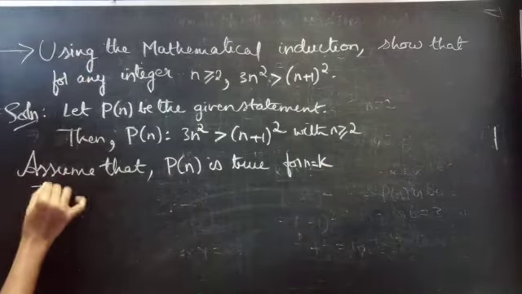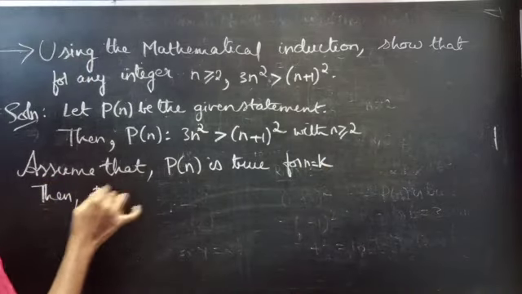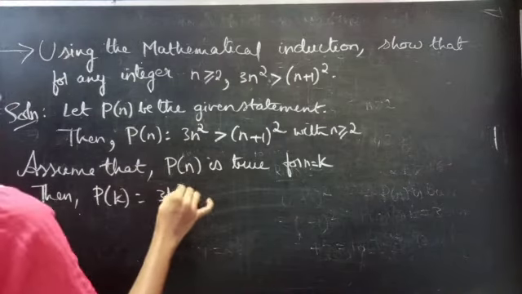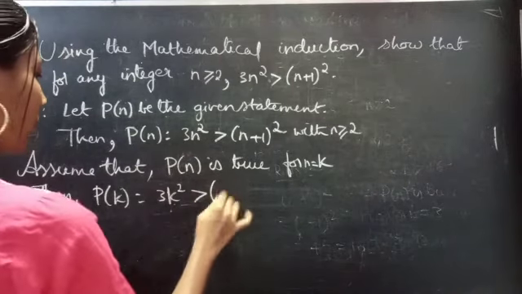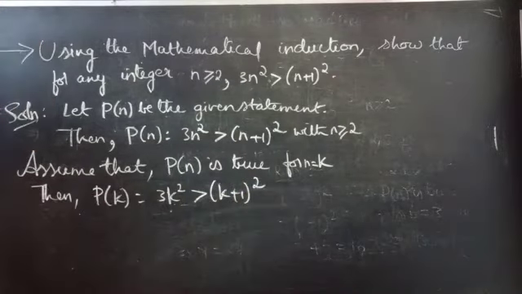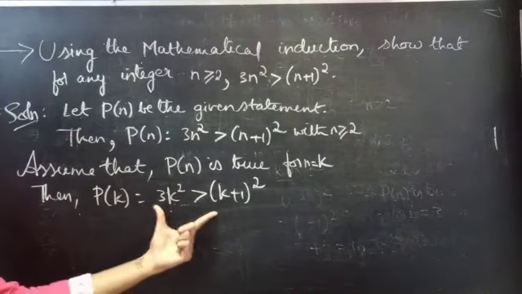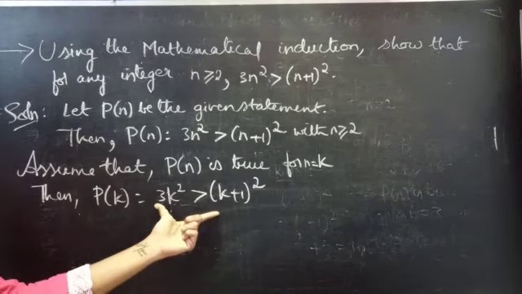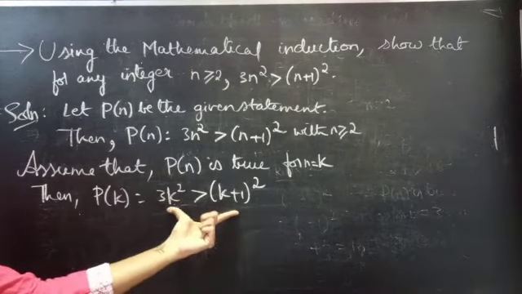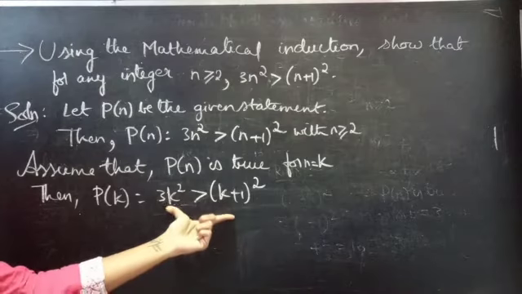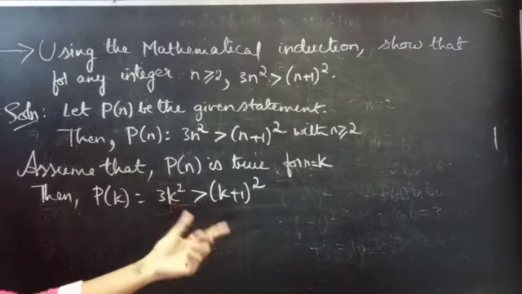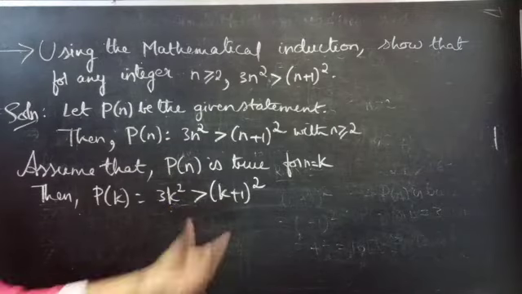Then P of k will be 3k square greater than k plus 1 whole square. So here we have 3k square is greater than k plus 1 whole square. This is true, we are assuming that the statement is true for n equals k, so we can use it.